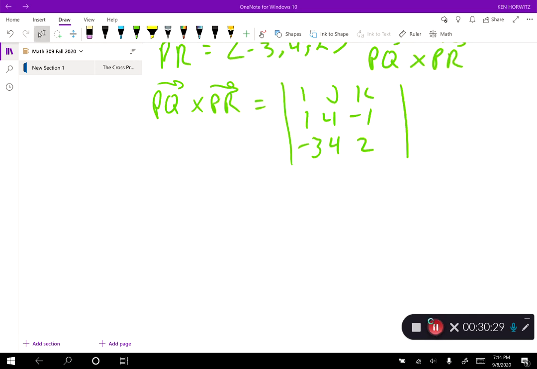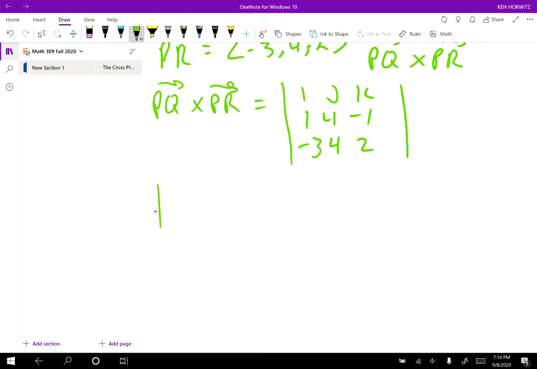All right, so we cover up our i column, and we wind up with a determinant of 4, negative 1, 4, and 2, times i. We then subtract the determinant of 1, negative 1, negative 3, 2, times j.